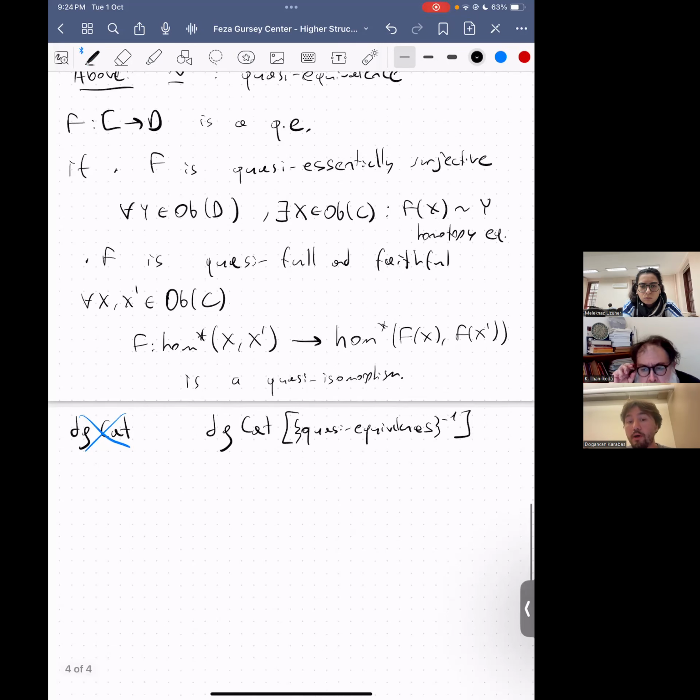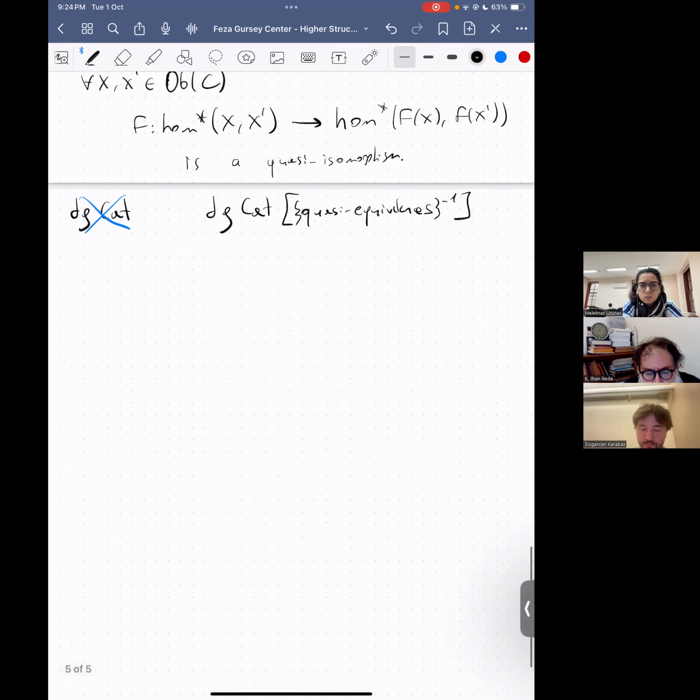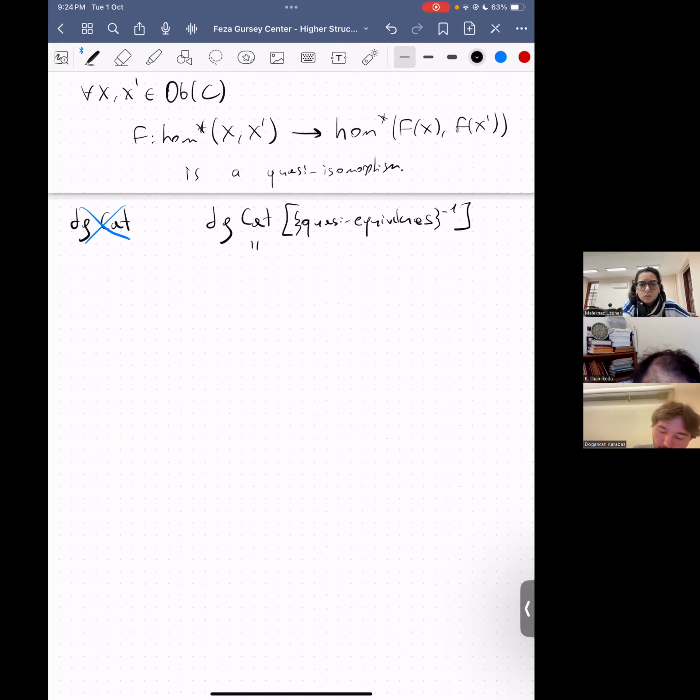So we want to invert quasi-equivalences. And I call it the homotopy category of DG categories. This is called Ho DGCAT.